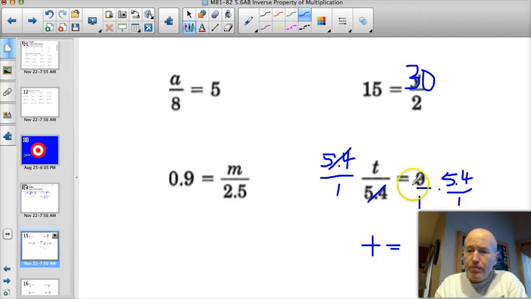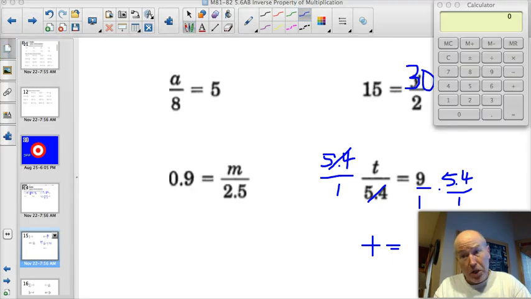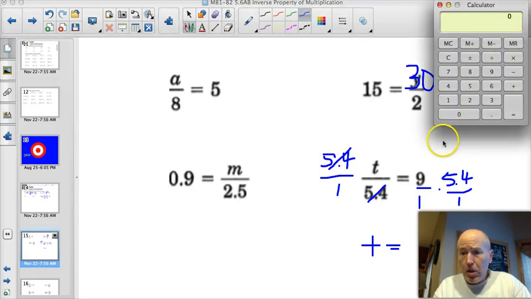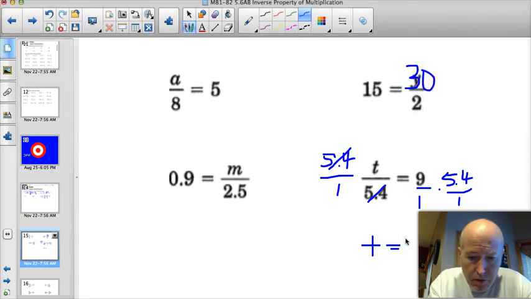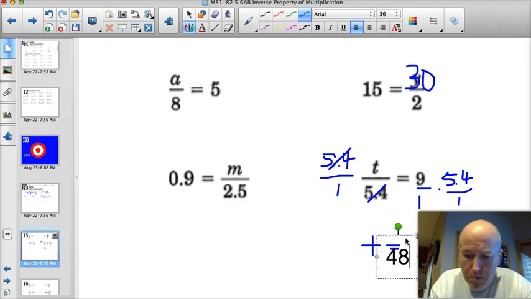Okay, now this one here is going to get a little more complicated. This is where I'm going to get the calculator out. So now I have to take 9 times 5.4, and that equals 48.6.